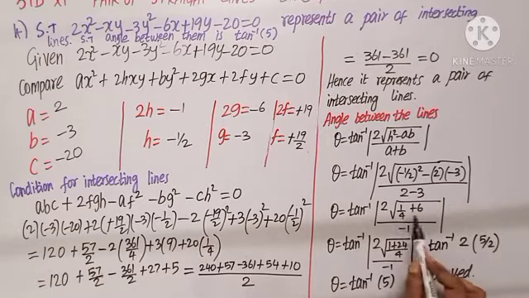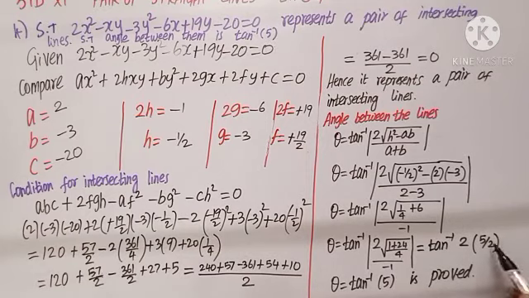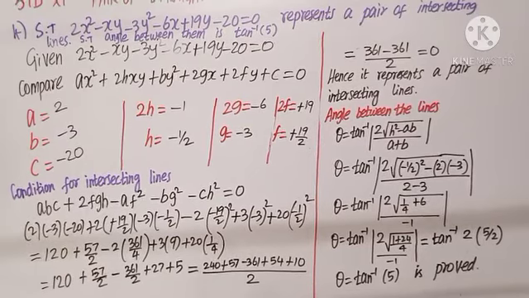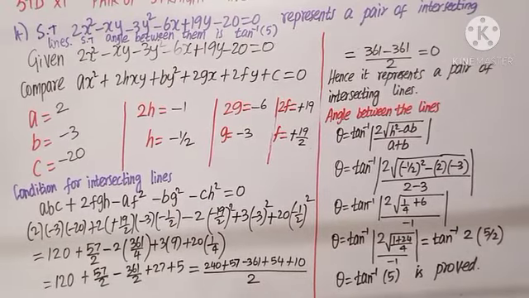Taking LCM, 24 plus 1 by 4, 25 by 4, root is 5 by 2. Cancelling 2 and 2, we arrive at tan inverse 5. Since modulus is coming, ignore the negative symbol. So what is my answer? Theta equals tan inverse 5 is proved.